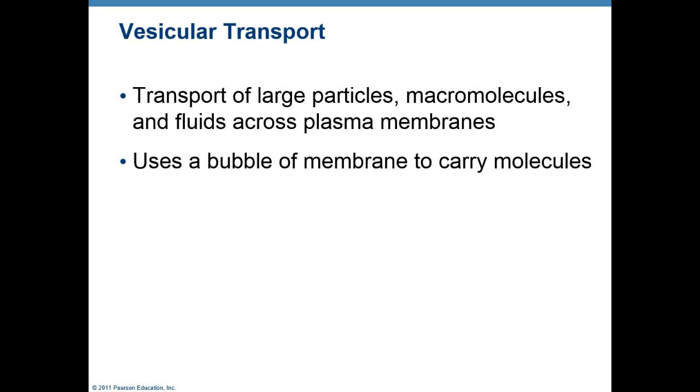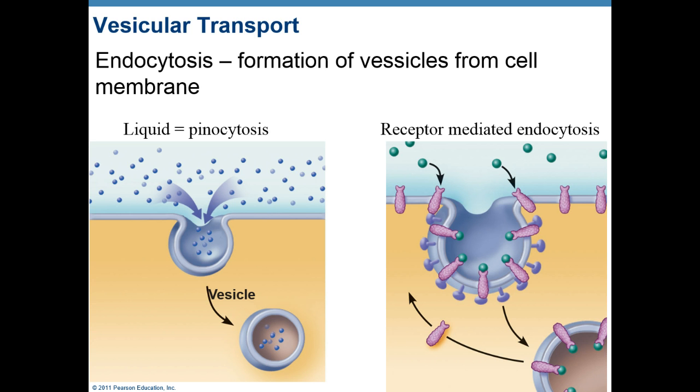So this is how you get large particles or a large amount of particles or fluid across the plasma membrane. So this is stuff that's way too big to get through a carrier because it's bigger than the carrier. And you basically use a bubble of the membrane.